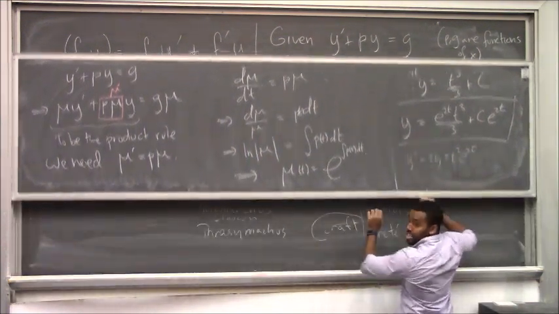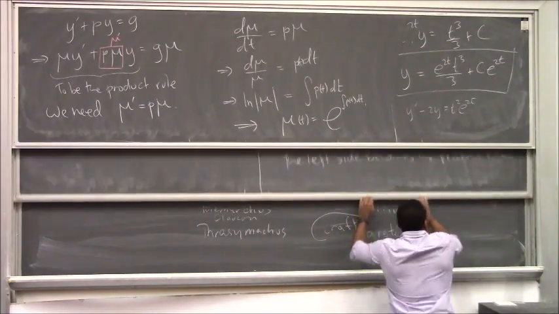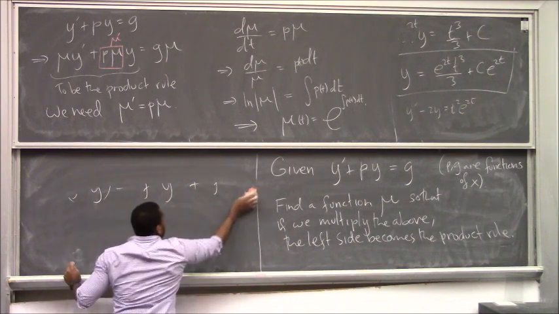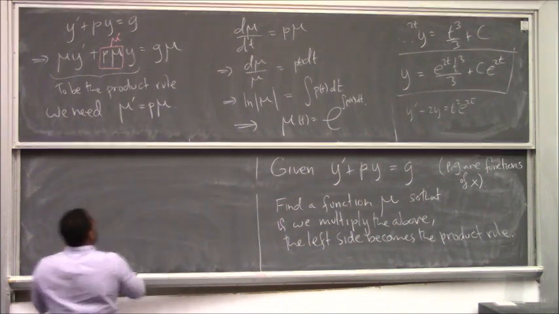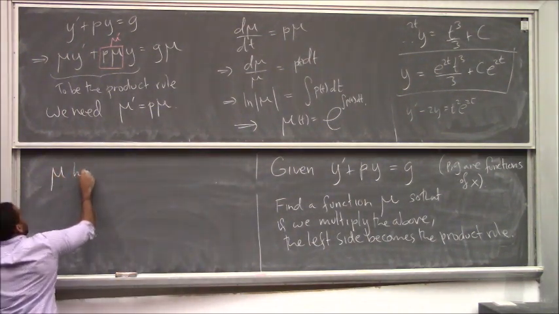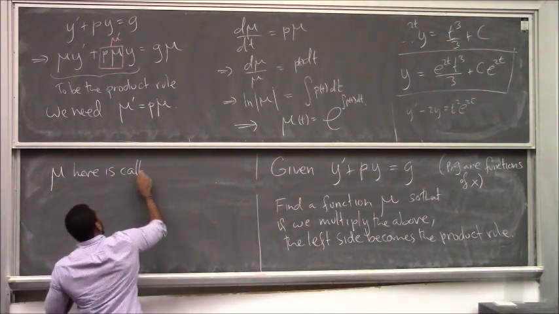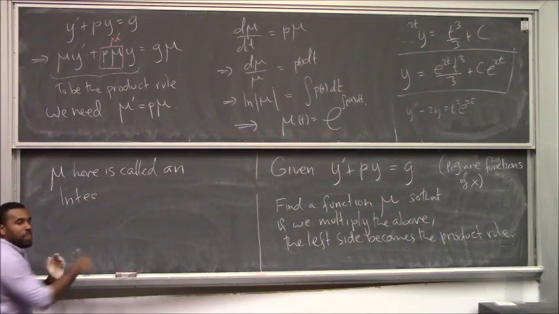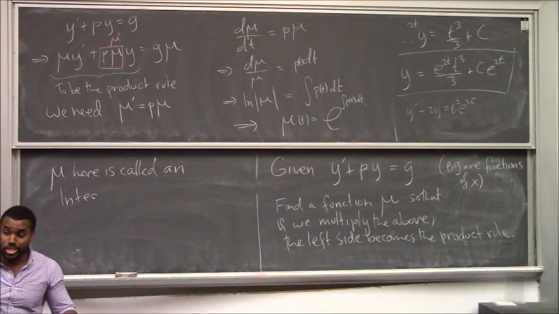So here's the method. And by the way, this mu in this case is called an integrating factor. Why? It's a factor that we multiply through by that's going to allow us to integrate things nicely.